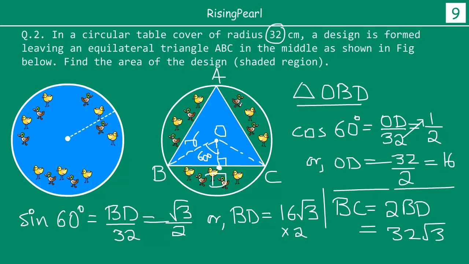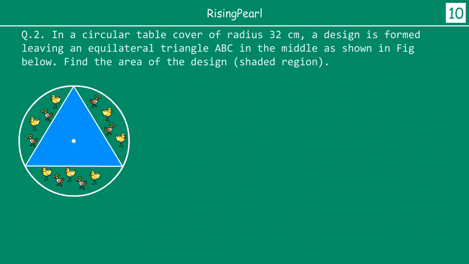So now each of these sides, because this is an equilateral triangle, each side is 32 square root 3. So A, which is each side, will be equal to 32 square root 3.